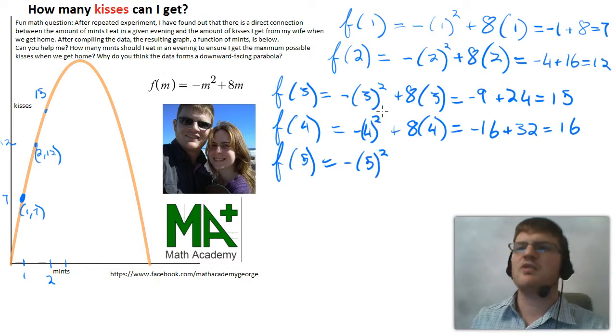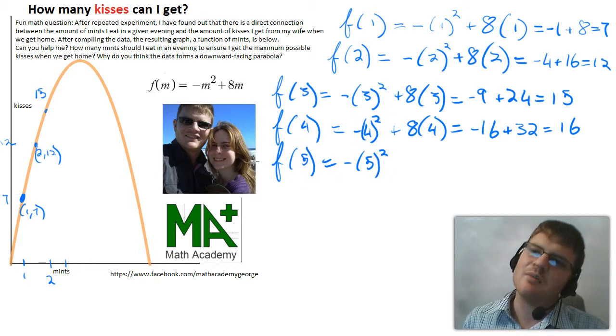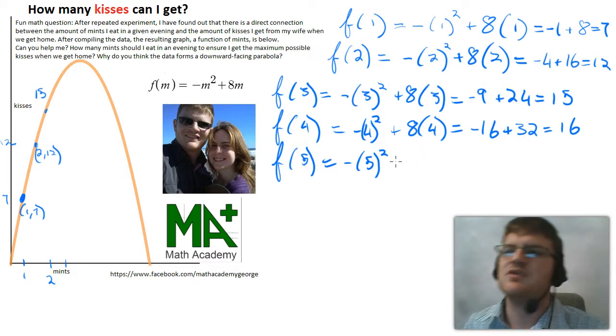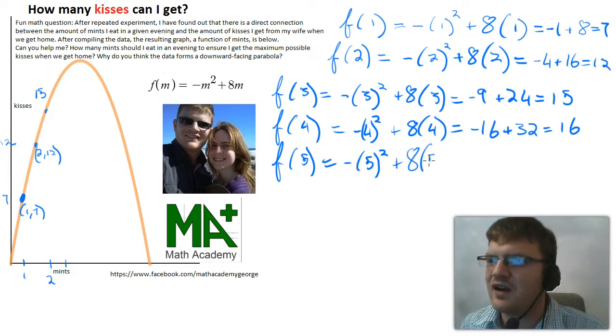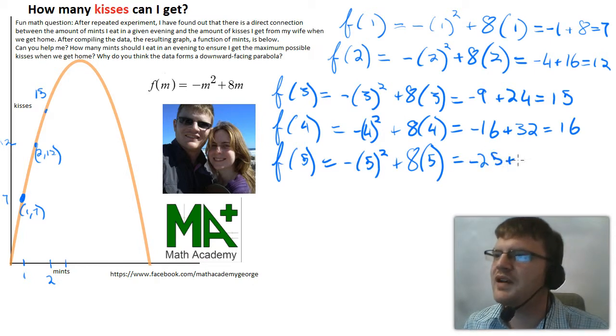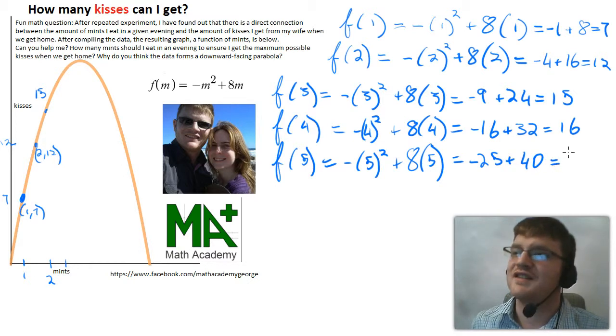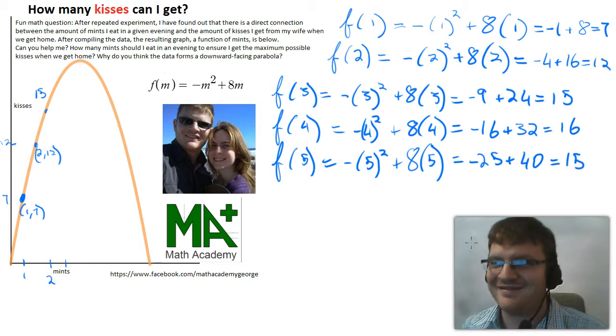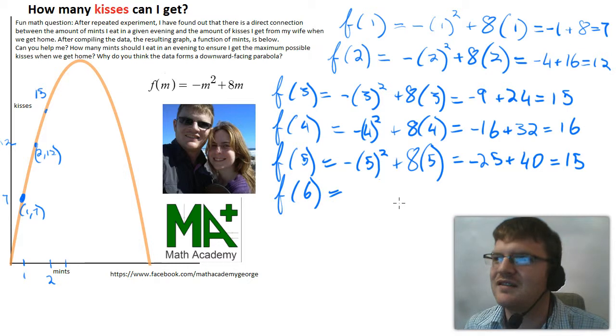Do you see what we're doing? We're putting this number in the place of m at each given point. Plus 8 times 5. So that's negative 25 plus 40. Interesting, this becomes 15 again. Do you see? 40 minus 25, that's 15.